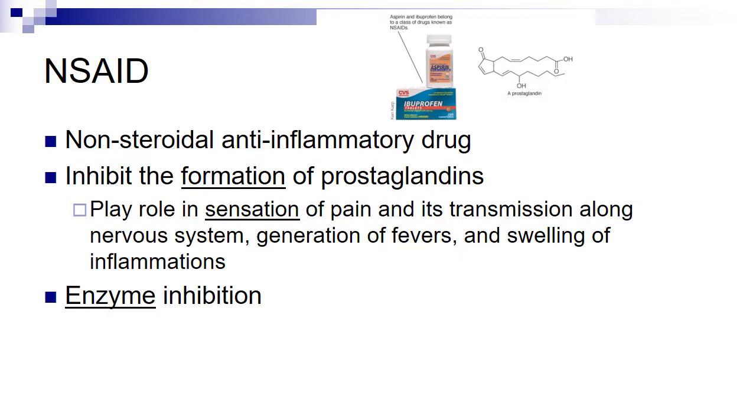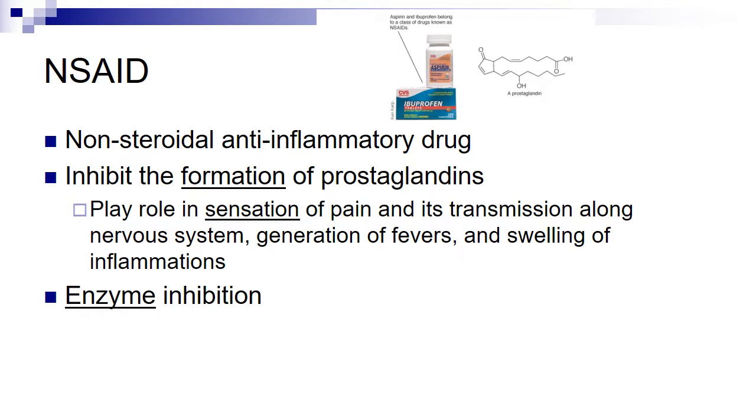Aspirin is considered to be a non-steroidal anti-inflammatory drug. Whew, that's a big old long term there. It's not the only one. Ibuprofen is also. There's several others, but that's what this term is referring to. So multiple things can be this non-steroidal anti-inflammatory drug. These are going to inhibit the formation of what they call prostaglandins.